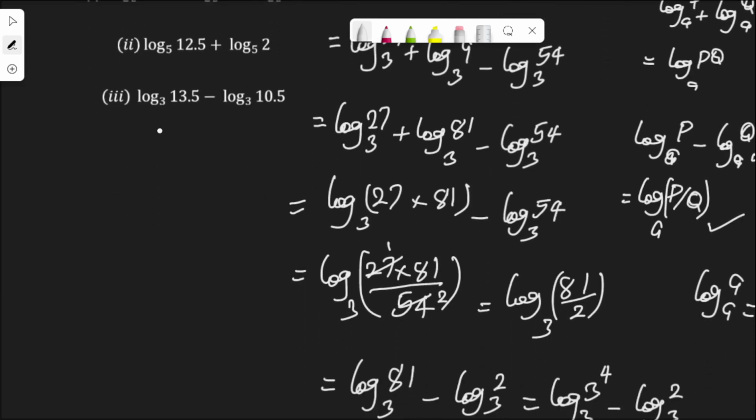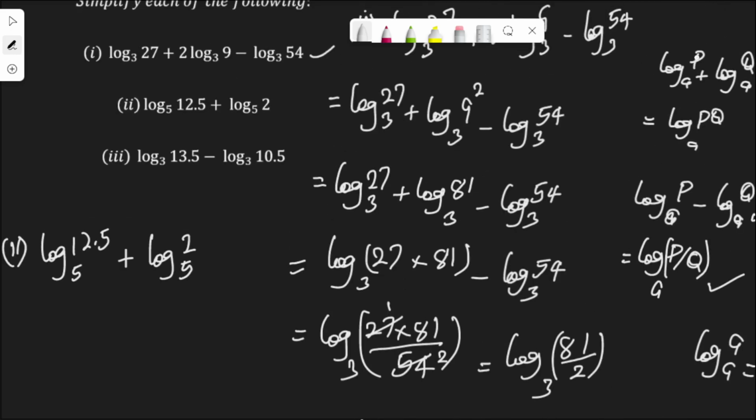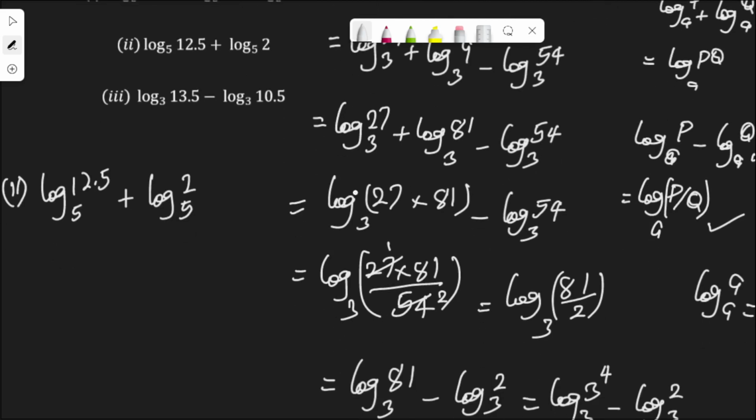And the second one, let's manage this space. I have log 12.5 to base 5 plus log 2 to base 5. Apply the law that says log p to base a plus log q to base a equals log p times q to base a.